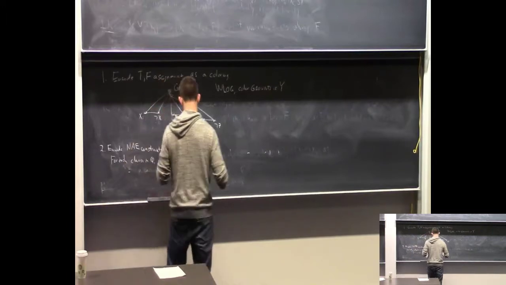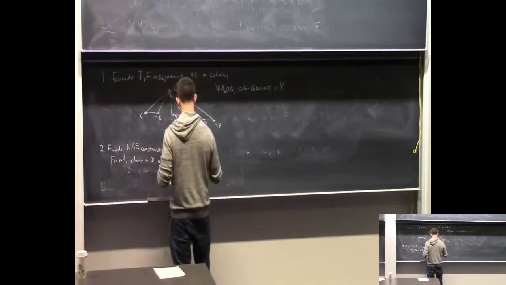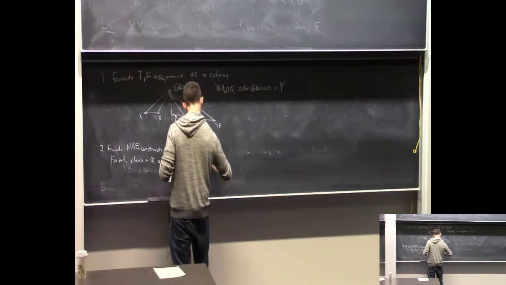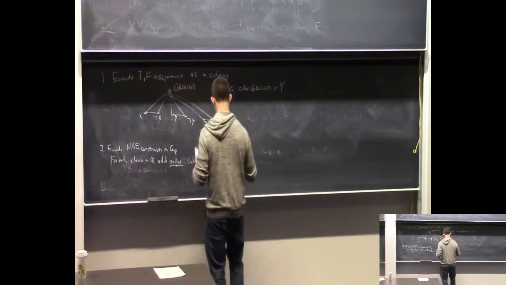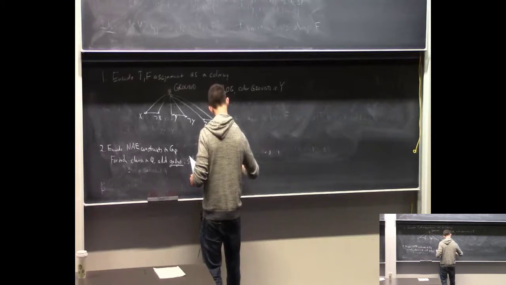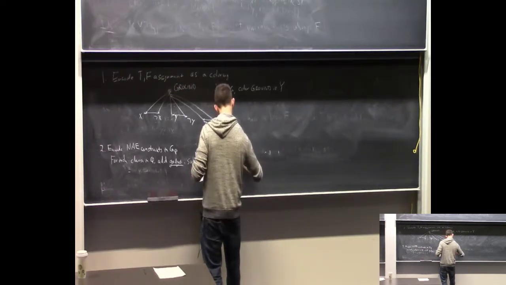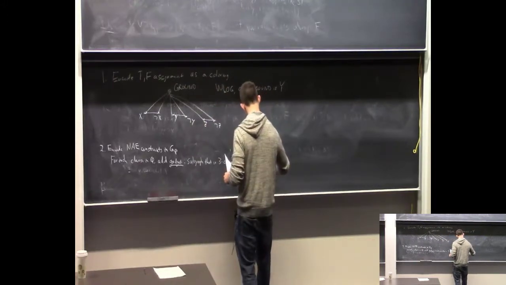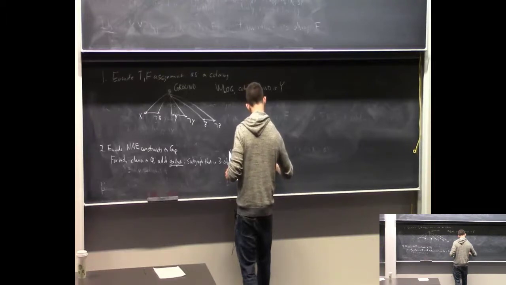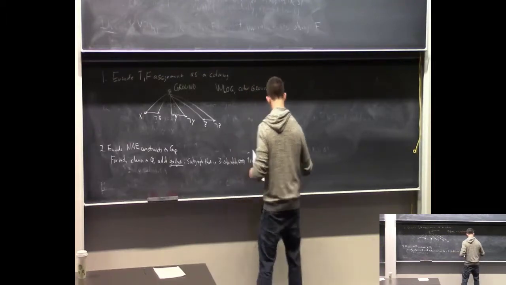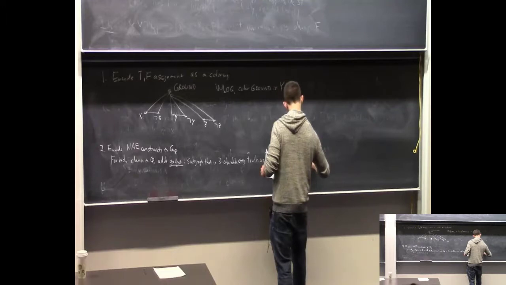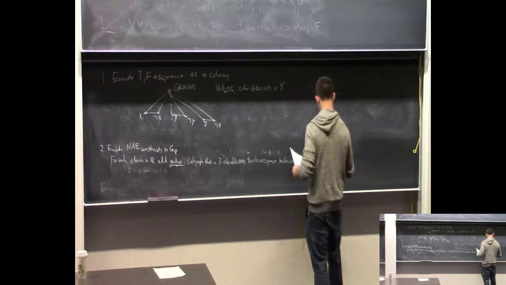And in our case, that's going to be a subgraph that is 3-colorable if and only if the truth assignment induced by that 3-coloring satisfies your clause.